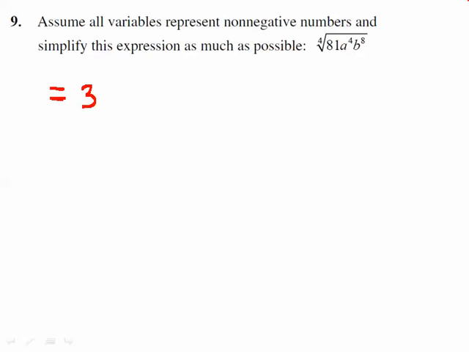The 4th root of 81 is 3, right? Because 3 times 3 is 9, times 3 is 27, times another 3 gives you 81. And again, it's division from here on out. So 4 divided by 4 is a 1 for the A's. 8 divided by 4 is a 2 for the B's. So B squared.